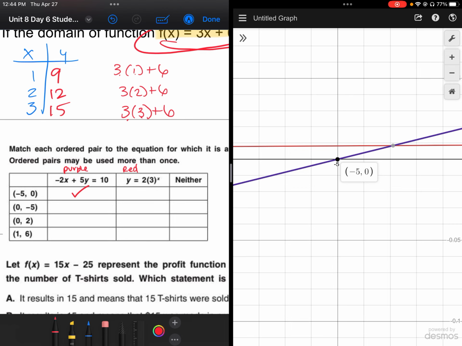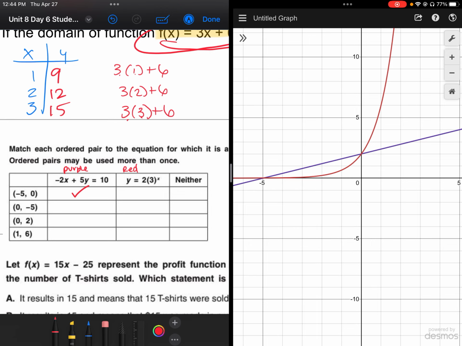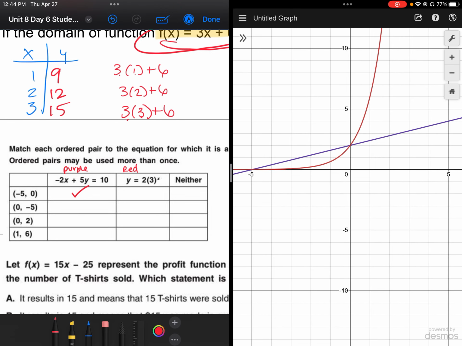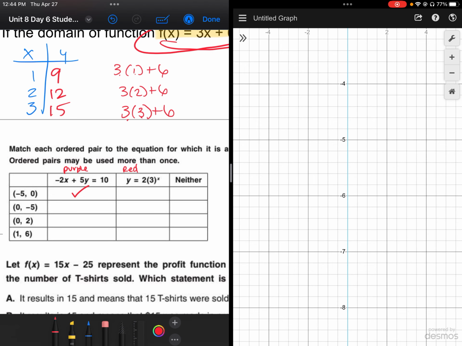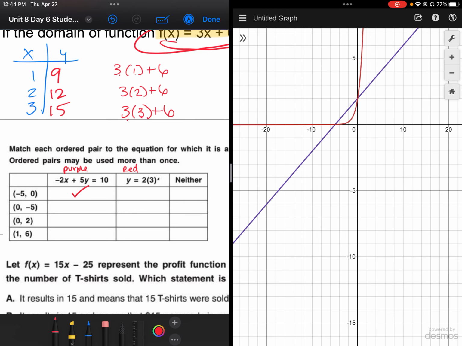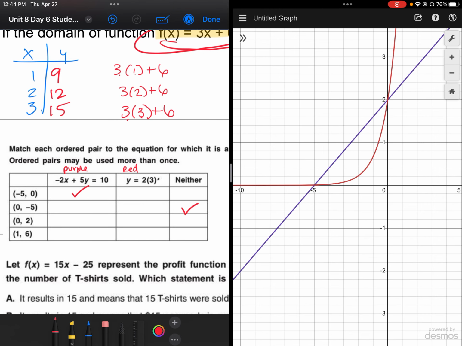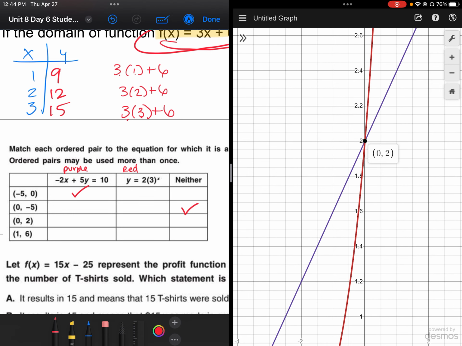Okay, 0, negative 5. That's left and right, 0, down 5. We're talking, I can't really show cursor here, but down below the axis. So 0, negative 5 is this ordered pair that I've just kind of zoomed in on. Neither of them cross right there. Okay, 0, 2, left and right 0, up 2. Ooh, that's right there.